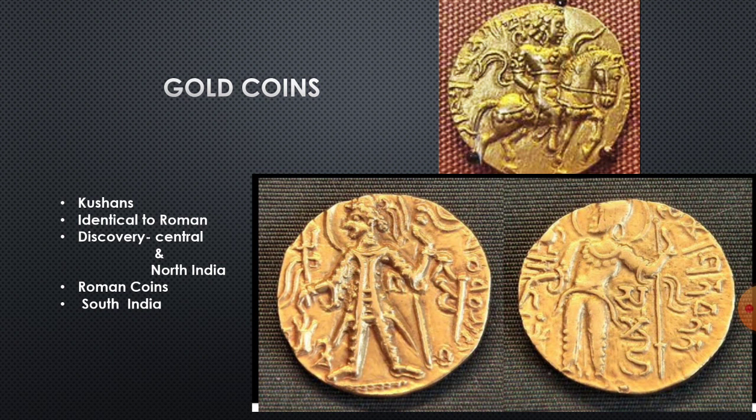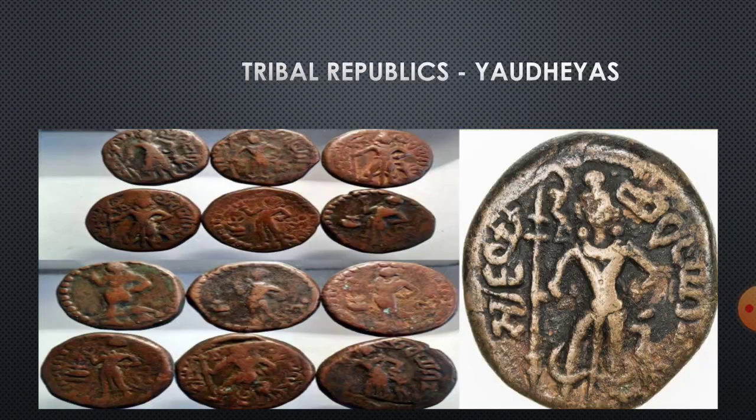This widespread use of gold coins indicates the enormous value of transactions that was going on. The discovery of Roman coins in South India indicates that even though it was not part of the Roman Empire, yet they had close trade connections with the Romans.